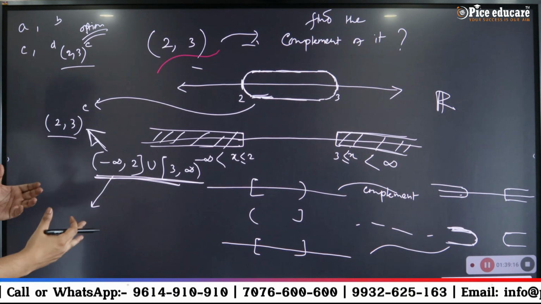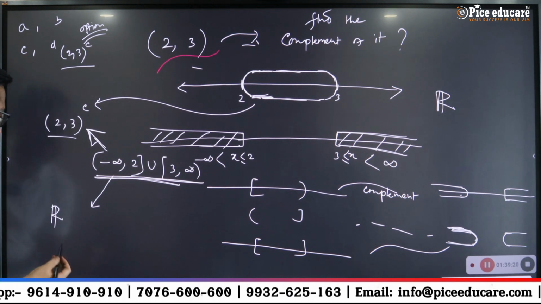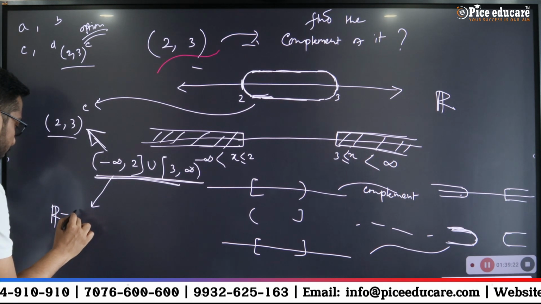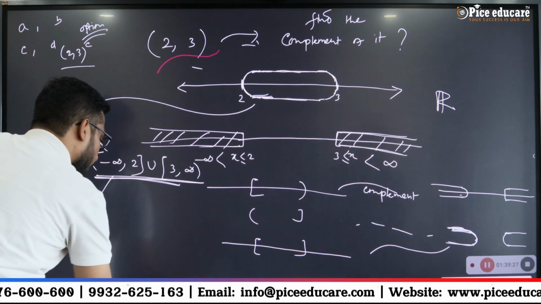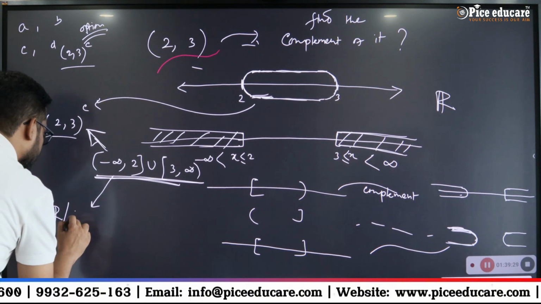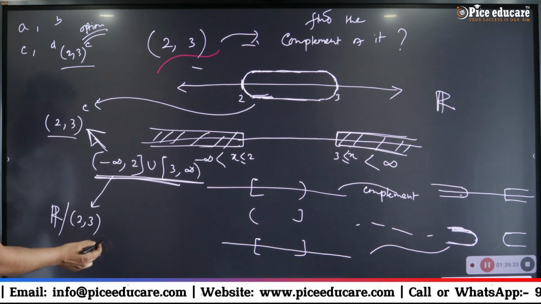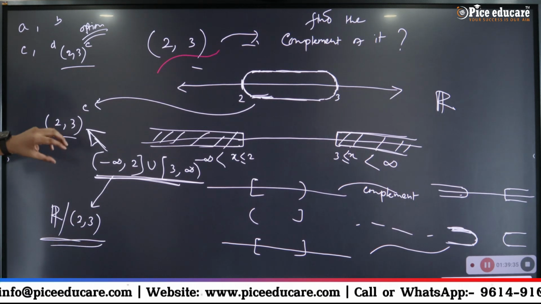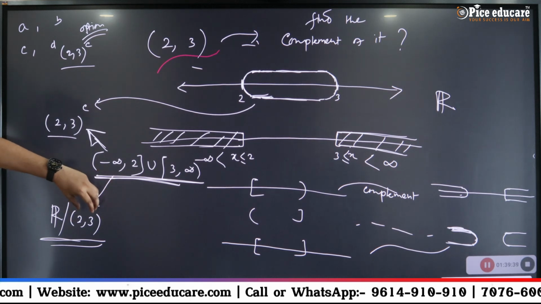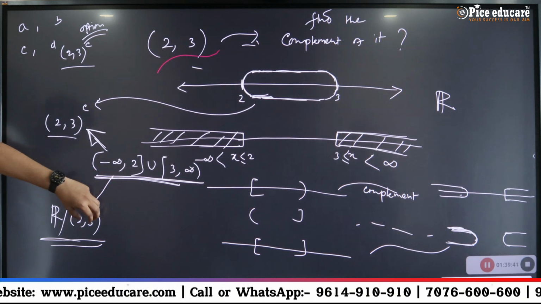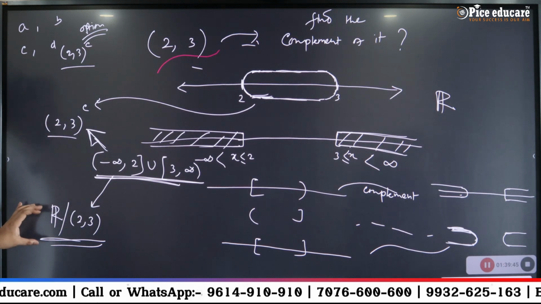If I try to write it using the set difference notation, I have to write R, the whole real numbers, difference, or sometimes it is written like this also, R difference the open interval 2, 3. This also means excluding this open interval 2, 3, whatever else is present on the real line, you take everything.